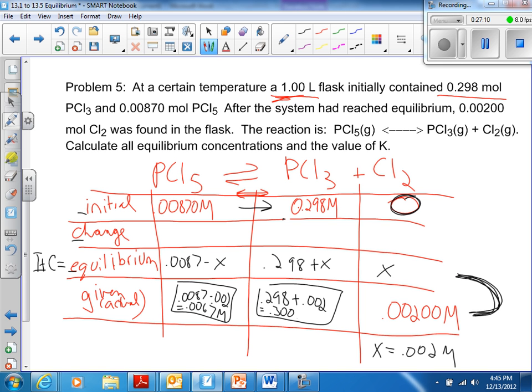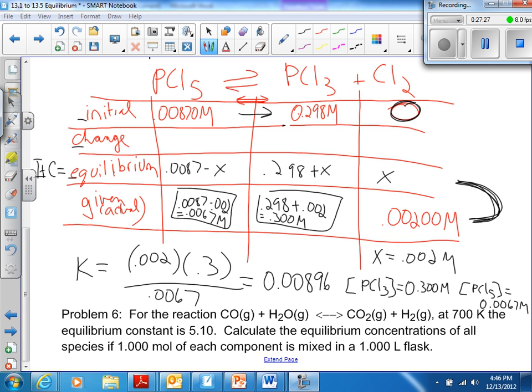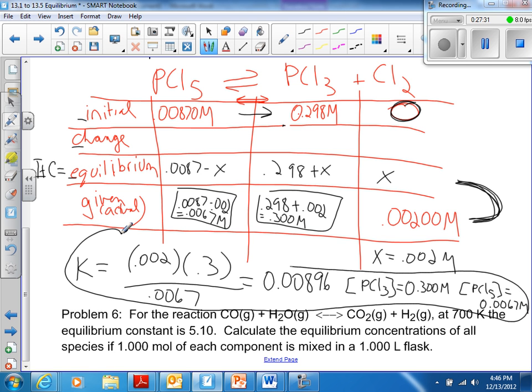So I have my final concentrations, and I also need to calculate K. K is products over reactants, so 0.002 times 0.3 over 0.0067. So I've got my K, and I also have my equilibrium concentrations of the phosphorus trichloride and the phosphorus pentachloride.